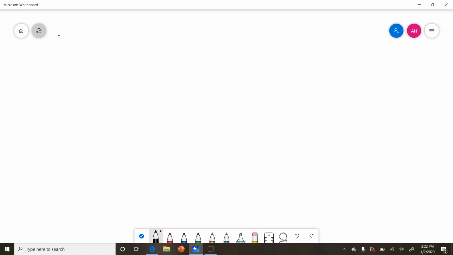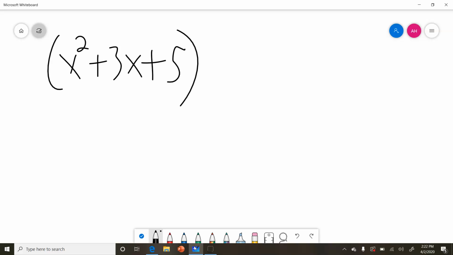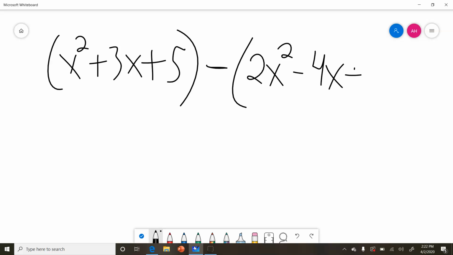Now, here's when it's harder, is when we have x squared plus 3x plus 5 minus 2x squared minus 4x plus 3. Now, on this one, I can't just erase the parentheses.